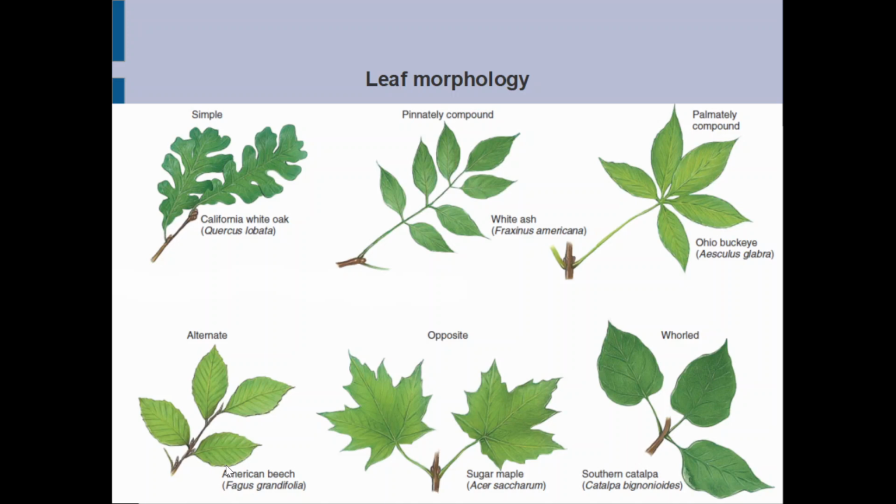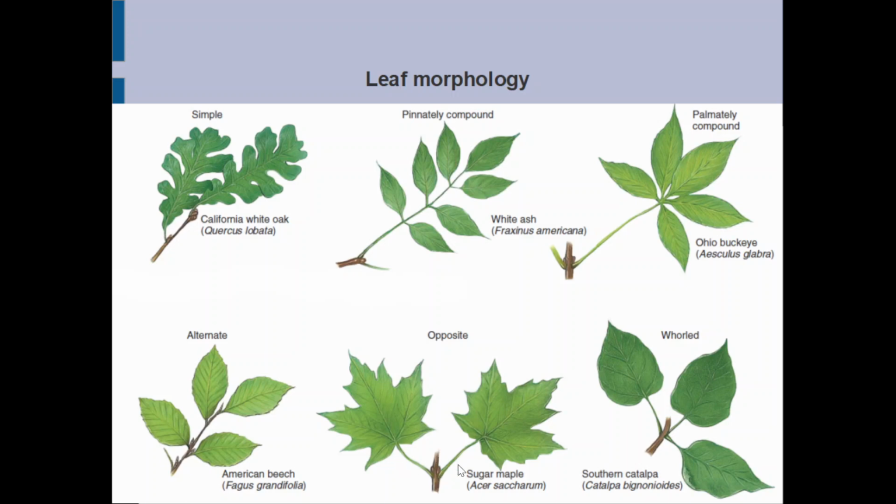Alternate arrangement has one leaf on each node. And nodes are the places where the leaves attach to the stem. And then the opposite arrangement is pretty simple.